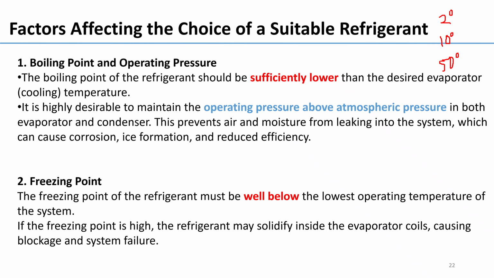Which one is the best? In the case of 50 degrees Celsius, to get vaporized it needs 50 degrees Celsius. So just think, you are heating your refrigerator to 50 degrees Celsius, then what will ultimately happen? It will just explode the freezer.